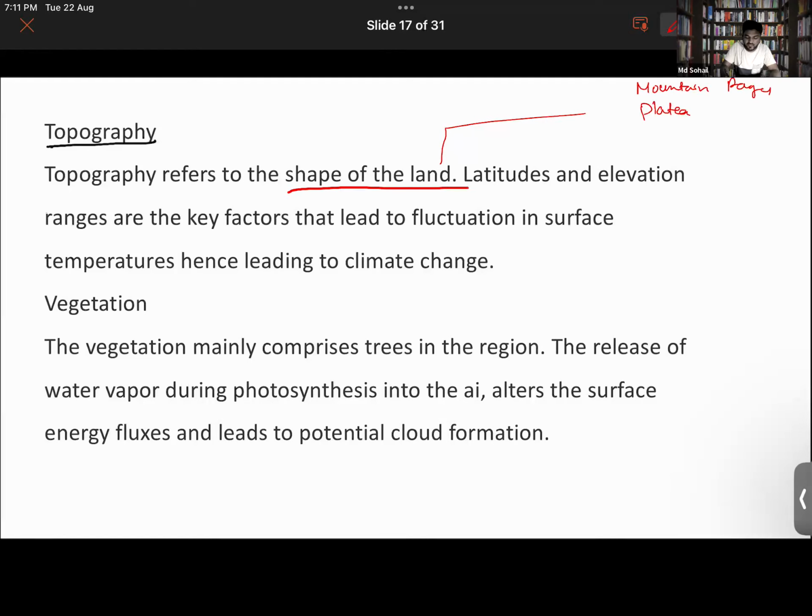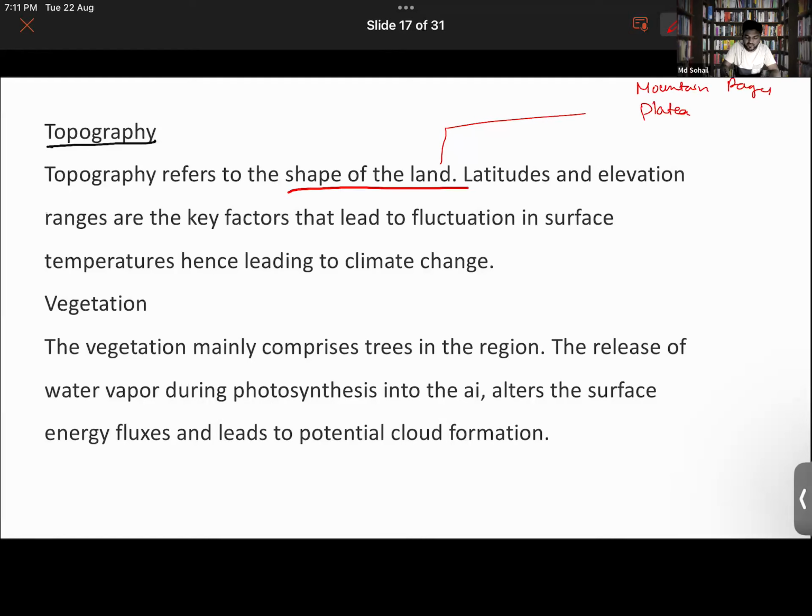So in mountain ranges, plateaus or northern plains, there is a difference of latitude and elevation also. Their height varies. The mountains have more elevation, then comes the plateau, then comes plain regions. So their shape is varying as well.